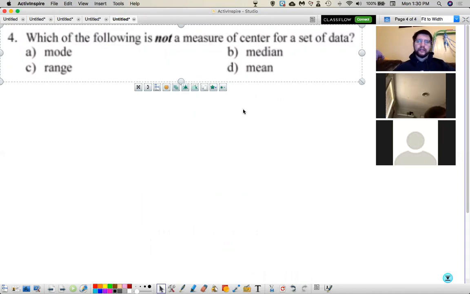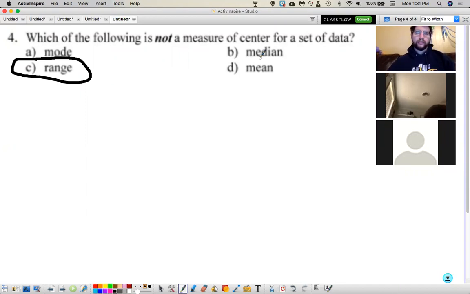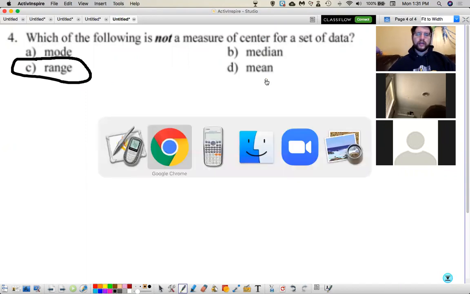That means range ain't your measure of center, it's your measure of variation. So these 3, mean, median, and mode, are your measures of center. We talked about those a lot, especially when we started talking about the normal distribution. Remember, for the normal distribution, those are all right there in the middle at 0 or whatever the data value may be.